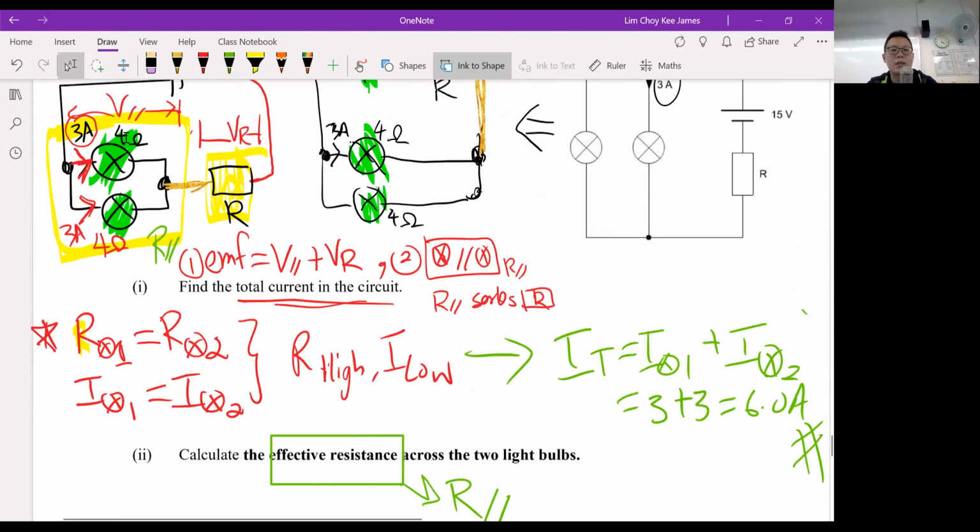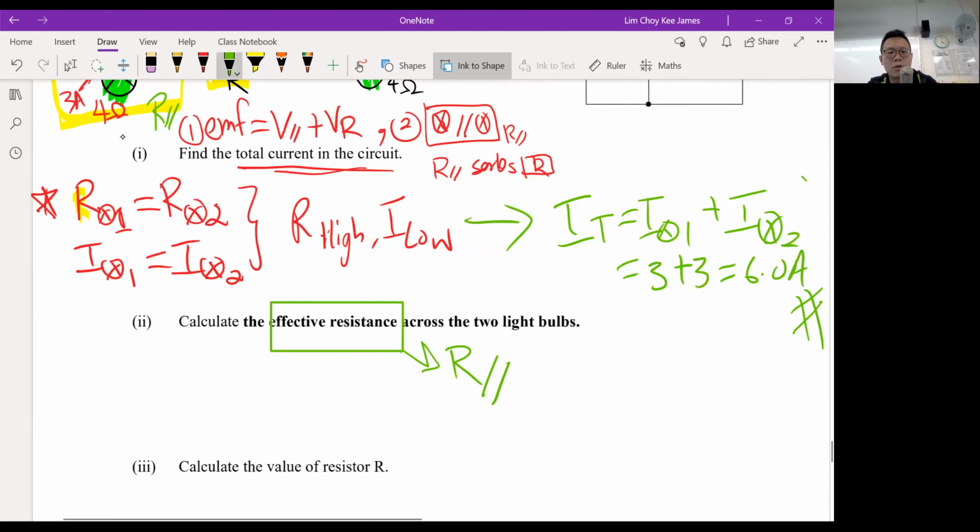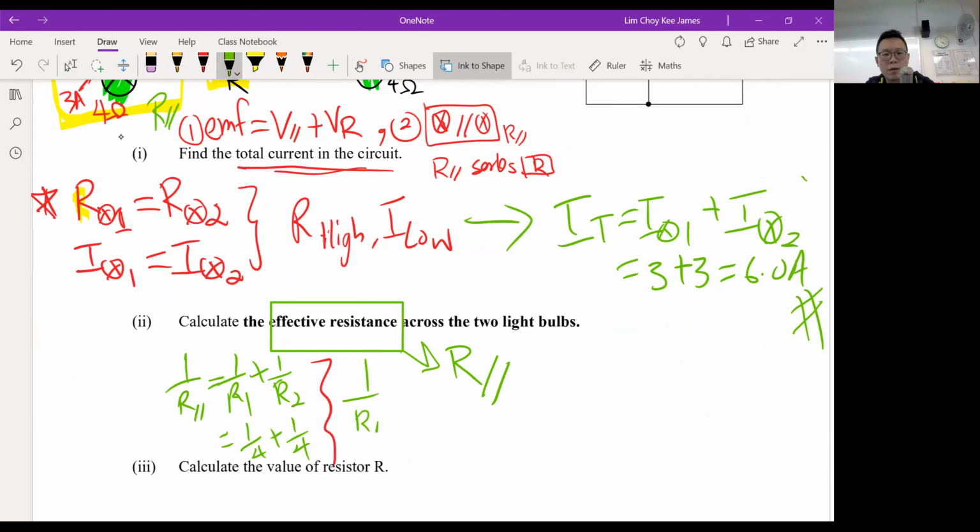So same thing, you activate the formula, you know that they are parallel. 1 over R parallel is 1 over R1 plus 1 over R2, which is 1 over 4 plus 1 over 4, which means 1 over R parallel is actually a half. Remember to flip.